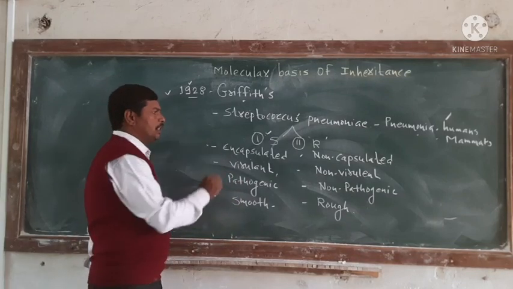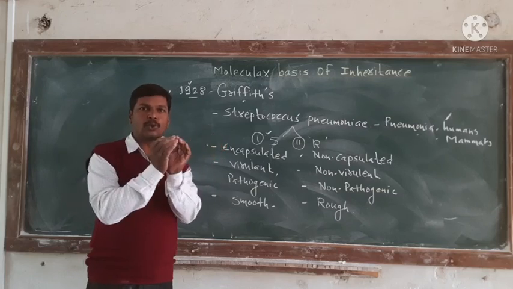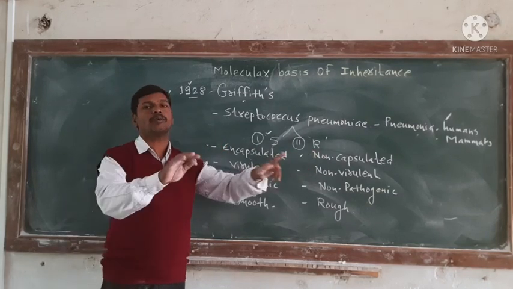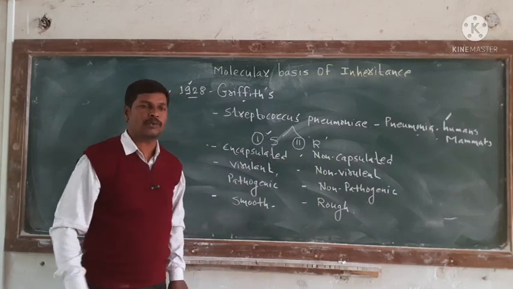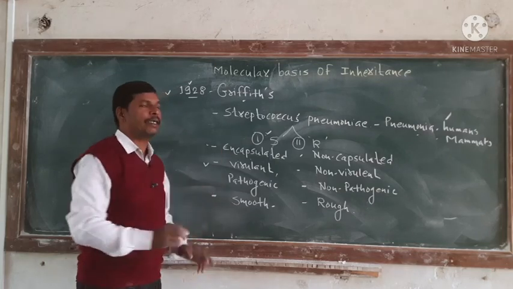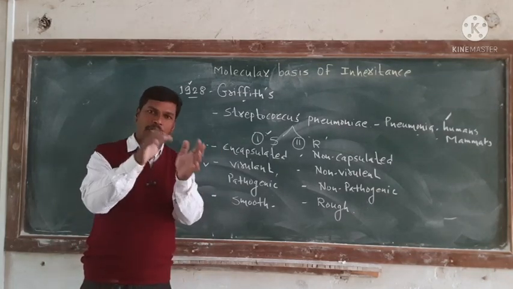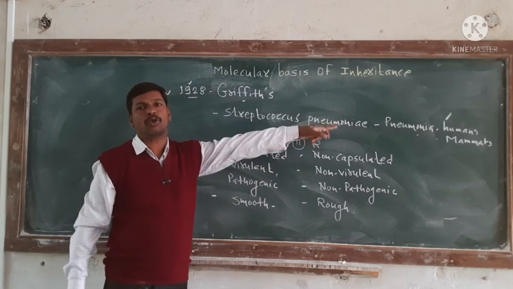The S type bacteria is encapsulated, meaning it has a capsule, a protective covering. The R type has no capsule, no covering, so it is non-capsulated. Now the S type bacteria has the potential, the capacity, the ability to infect and finally form the disease called pneumonia.